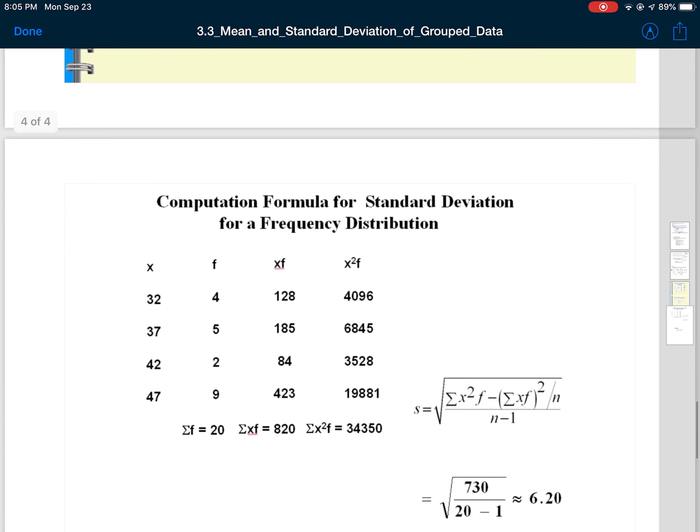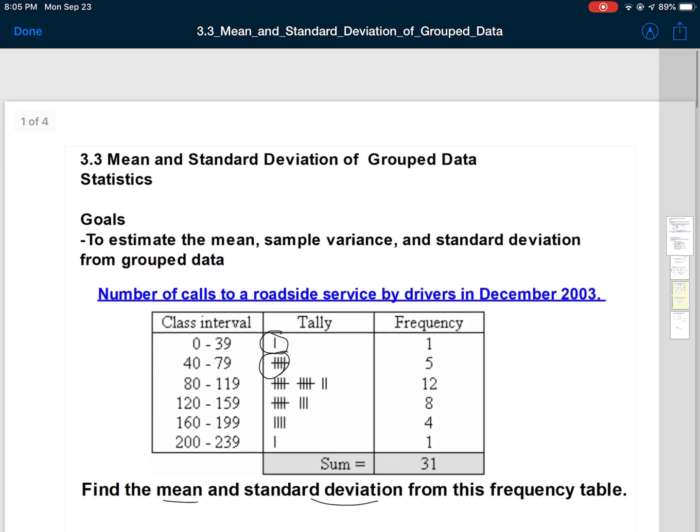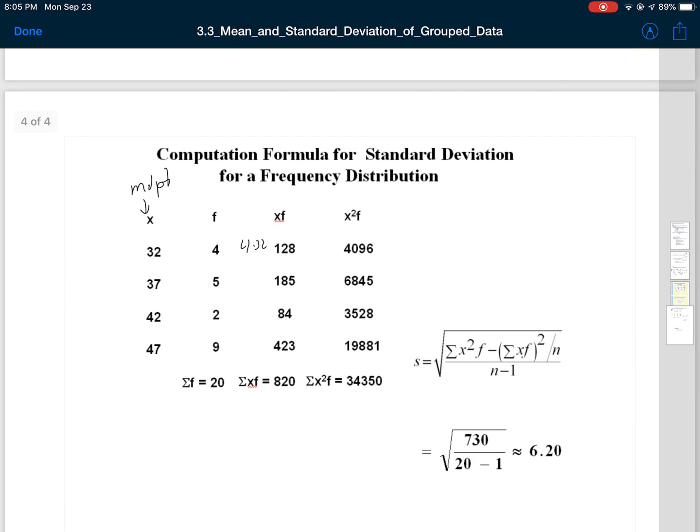Another way you can do that, here's the computational formula. I will take my midpoints again, and there's my frequency. Same thing, x times f, so 4 times 32 gives me this 128. But I'm going to take it one farther. I am going to multiply this xf times another x.